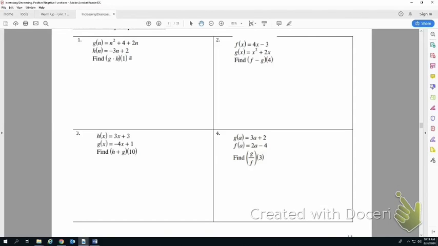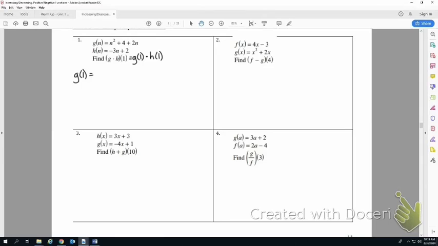So remember, g times h of 1, that means we're going to find g of 1, and we're going to multiply it by h of 1. I kind of want to look at these because there's some situations in here where I've seen mistakes in the past.